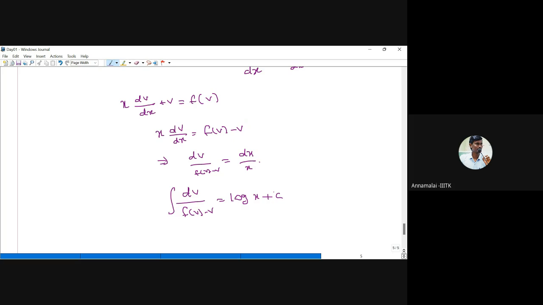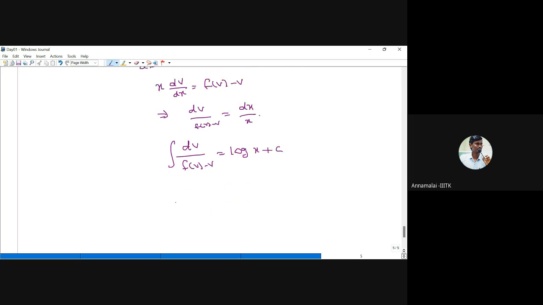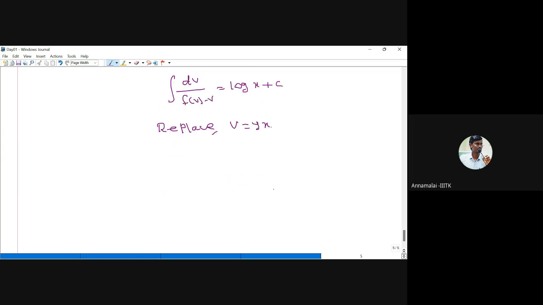So this is the required solution. And then finally you have to replace v. Once you find the integration, replace v equal to y by x, and then you get the solution in terms of x and y. Now we solve some problems related to this.